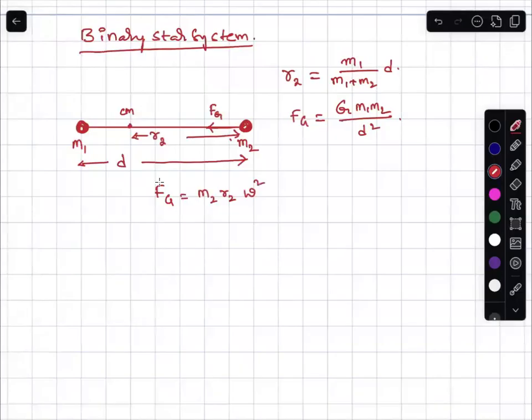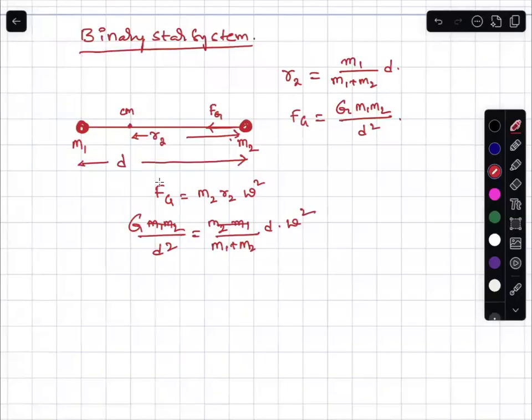Omega is common for both, right? So G m1 m2 by d square is m2 times m1 by m1 plus m2 times d omega square.